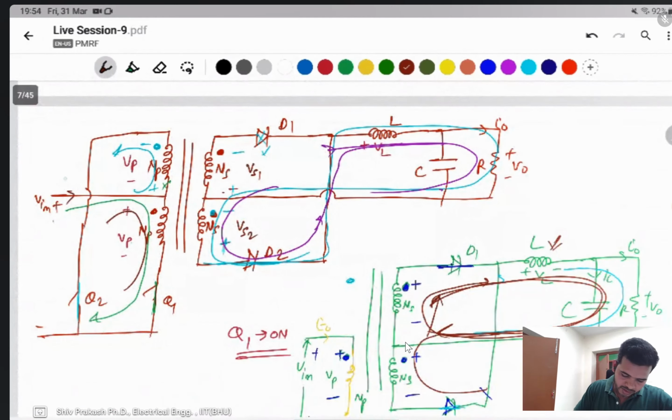This is the input current that flows when Q1 is on through the primary winding. If you transfer this IL to the primary side, you can write it as NS divided by NP times IL, or IS1. This current is the same as IS1.